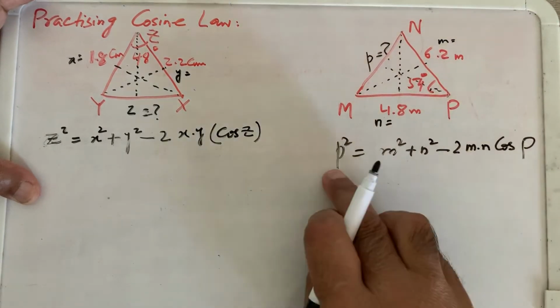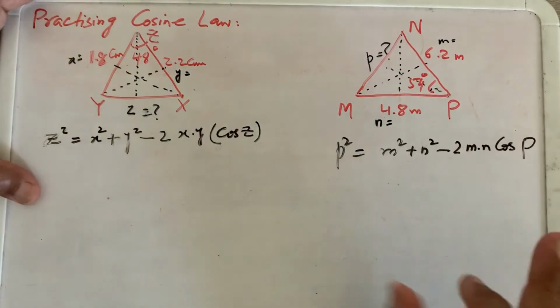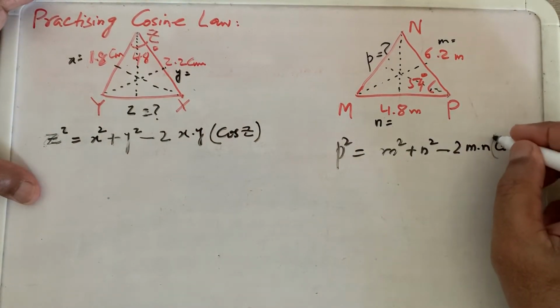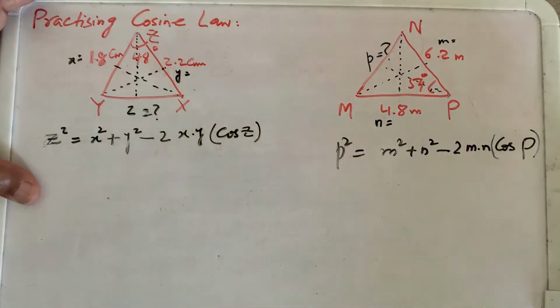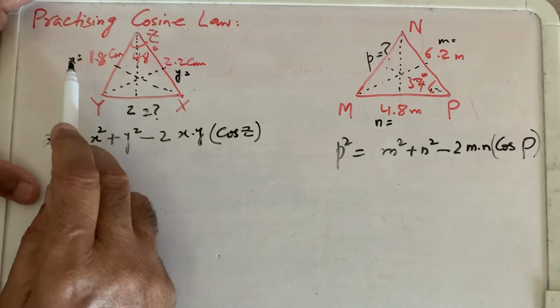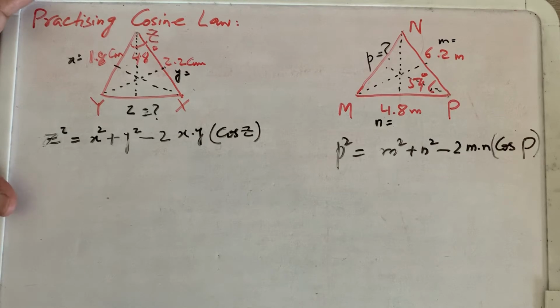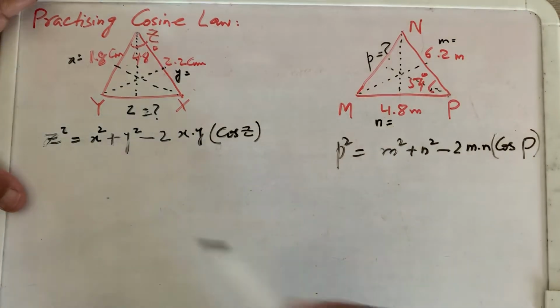This p is smaller, which is the length of the side, which is unknown. So everything is set up for cosine law. Now we just have to plug in the values and simplify. If you remember these steps, first name the sides opposite to the capital letters or angles, and then write down the formula.